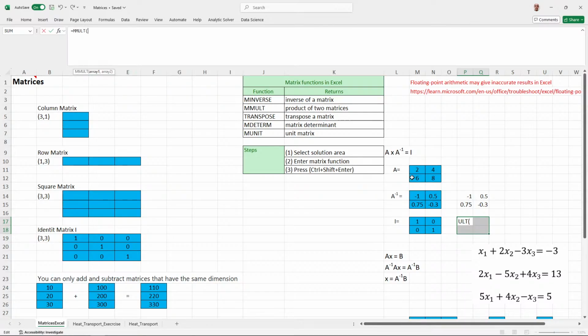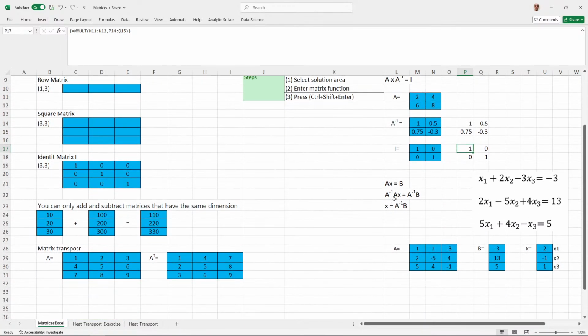I want to multiply this matrix, then a comma, times this one here. Do I hit Enter? No, Control Shift Enter. See, I got exactly what I need. Because this is the inverse of the matrix, when you multiply them, you get the identity matrix. So here you can practice. This is the solution.